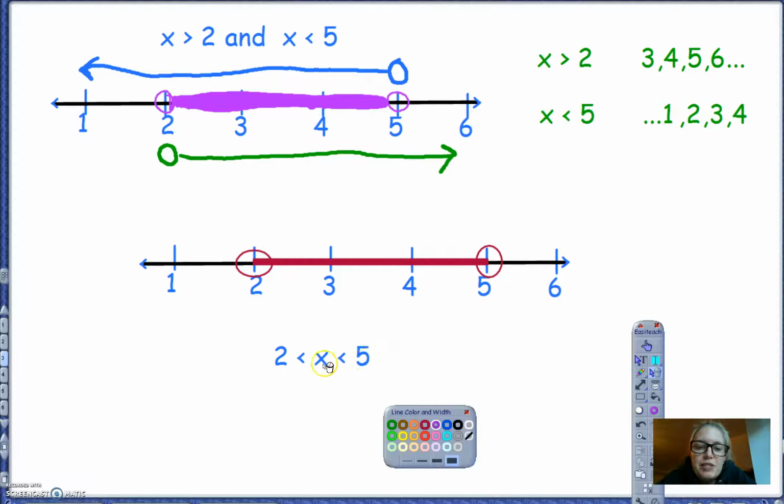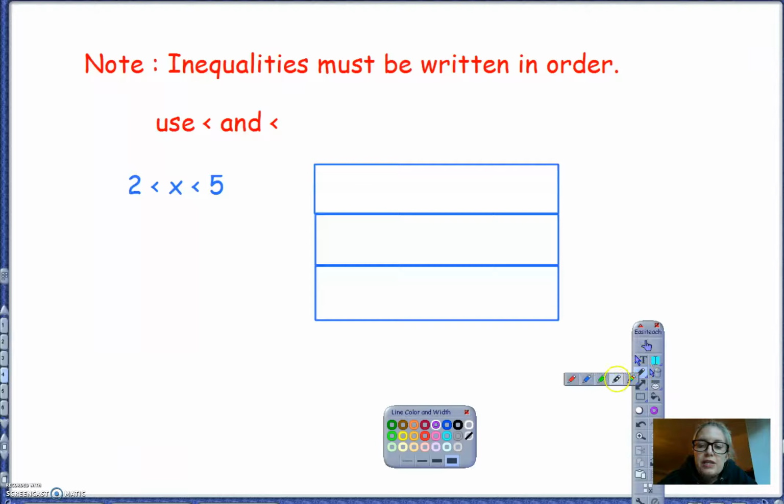All right, so let's write down an important point here to remember. That inequalities must be written in order, and you should only use signs that are less than signs. It will be less than or equal to signs. So this makes sense that X is between 2 and 5, and if you were to read it from each angle, X is greater than 2 and X is less than 5.